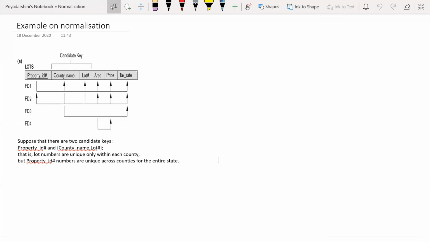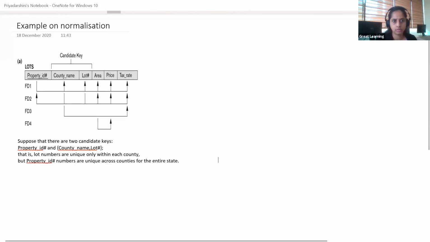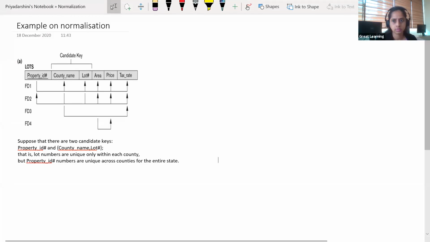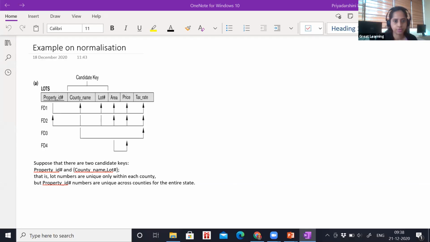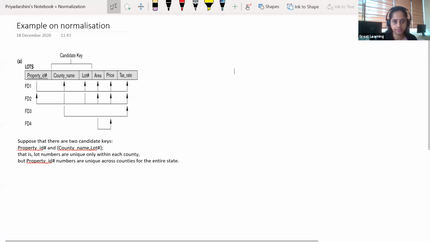Yes, I have displayed one note. Yes, ma'am, it's visible. I think many of you have lost. I think we will be able to do this. Let's see.